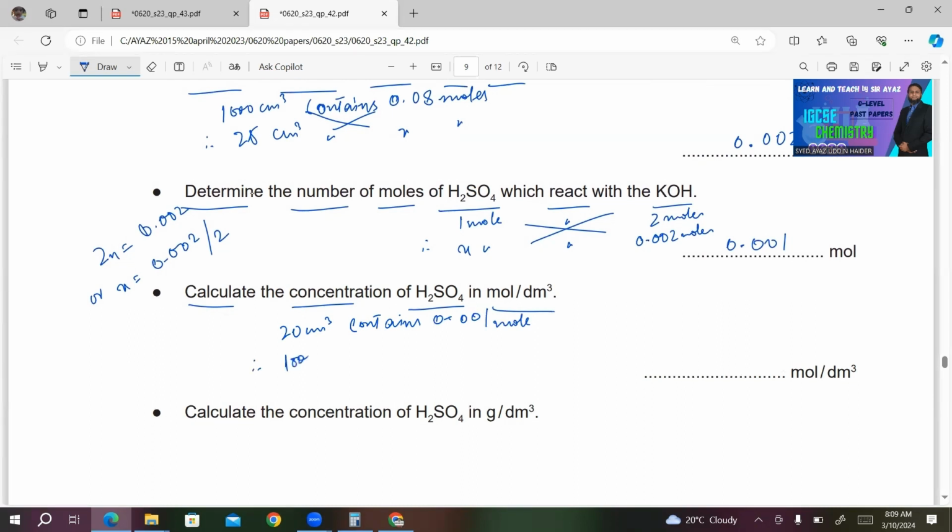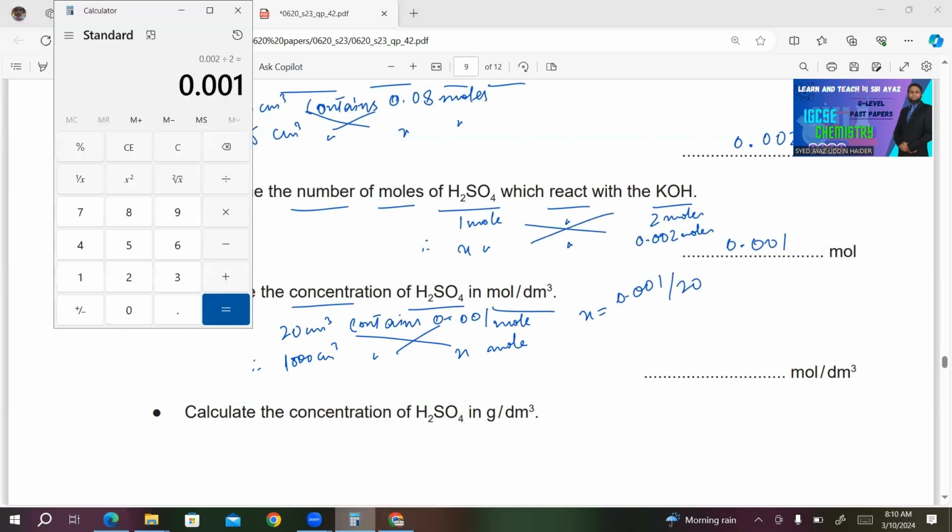Therefore, 1000 centimeter cube contains X mole. So we will have X is equal to 0.001 divided by 20.